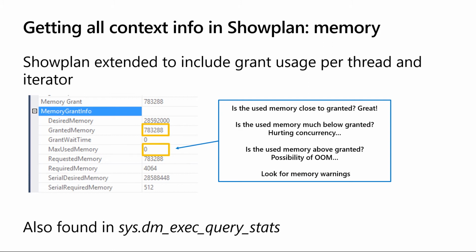In more recent versions, such as SQL Server 2019, you have a feature like memory grant feedback, which will adjust this automatically for you. If you're in an older version, you have more manual ways of dealing with this. But let's say, for example, that the granted memory was not enough.